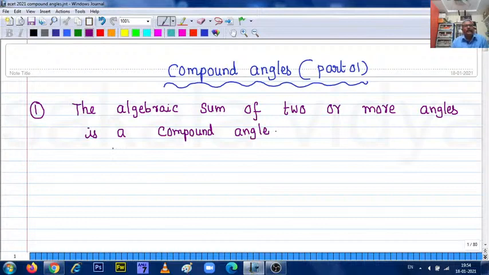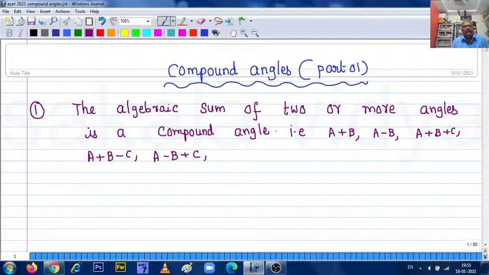That is, we have A plus B, A minus B, A plus B plus C, A plus B minus C, A minus B plus C, A minus B minus C, and so on. These are called the compound angles.